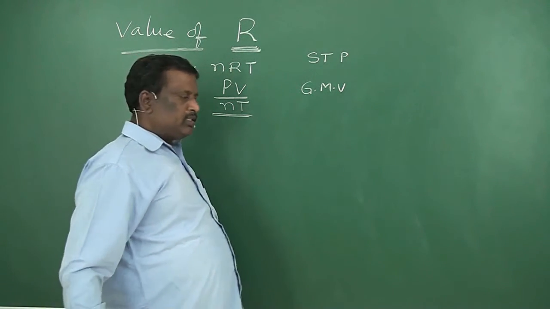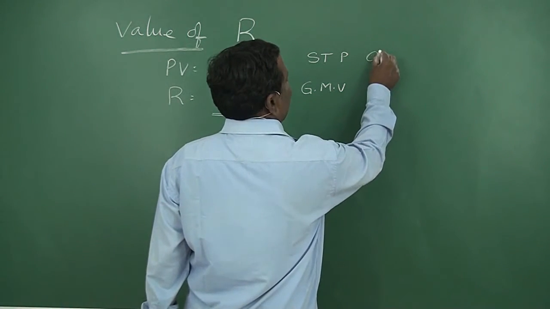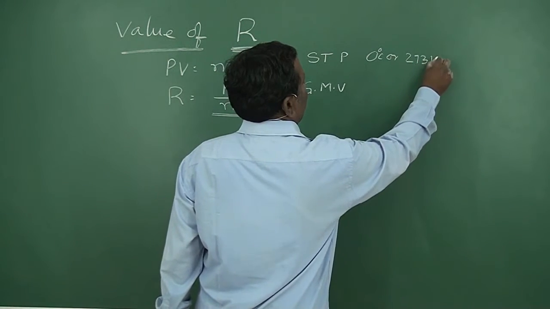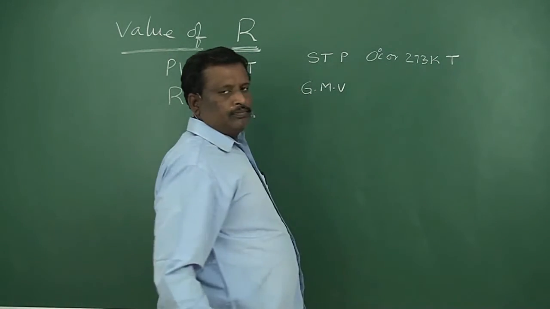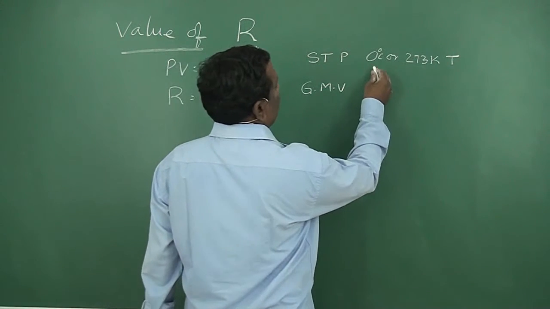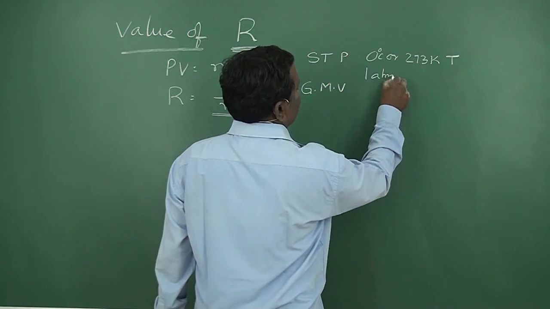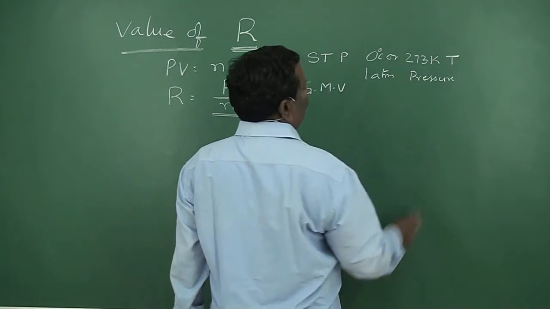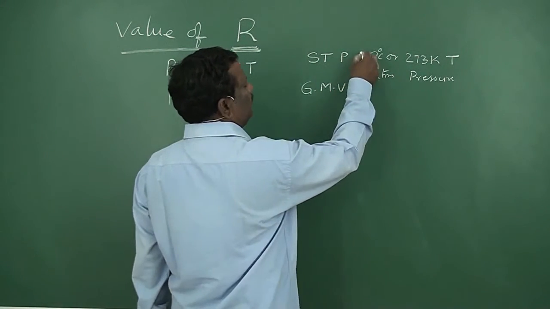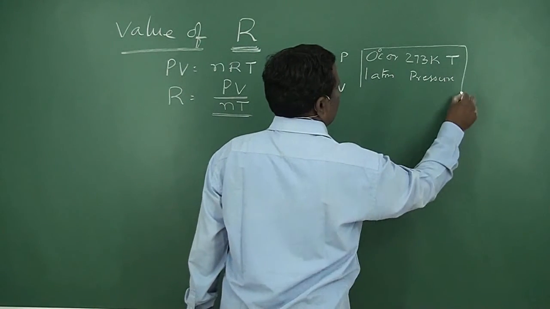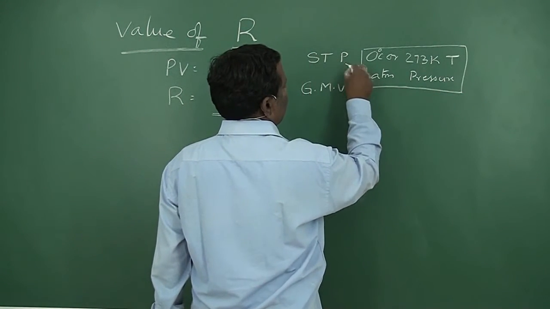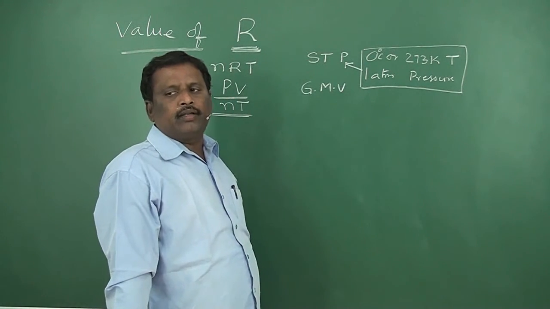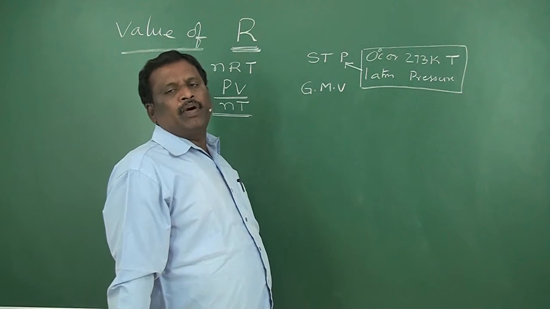Standard temperature and pressure means 0 degrees centigrade or 273 K temperature and 1 atm pressure. 1 atm pressure is said to be STP. 0 degrees or 273 K temperature and 1 atmosphere pressure.